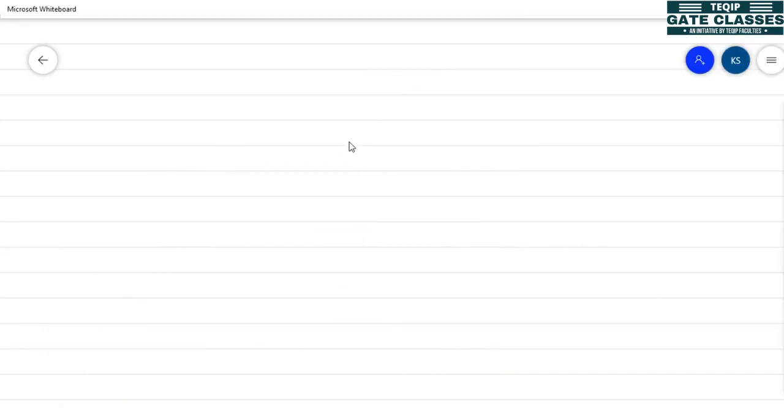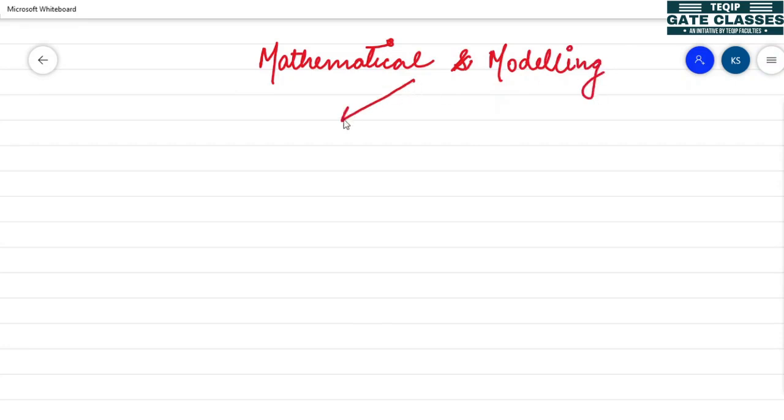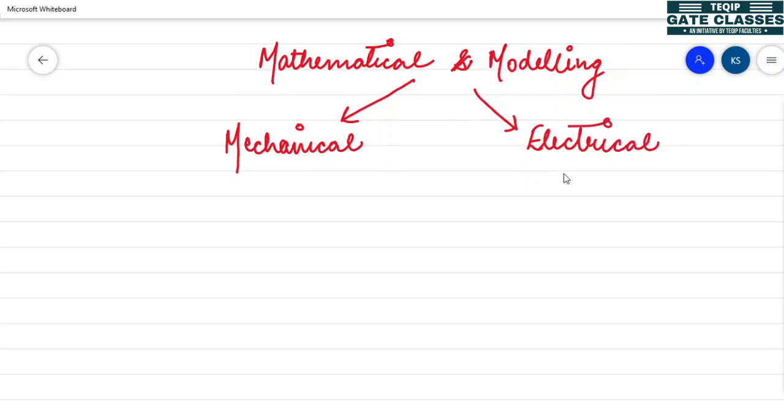Now I will discuss the mathematical modeling. Most of the physical systems can be represented by its mathematical modeling. We are going to discuss mathematical modeling of two systems. We will take mechanical systems and I will also tell the mathematical modeling of electrical systems. In mechanical systems, we are taking two types of models.